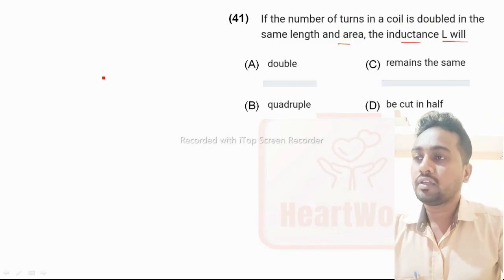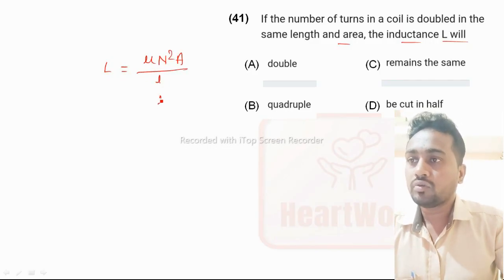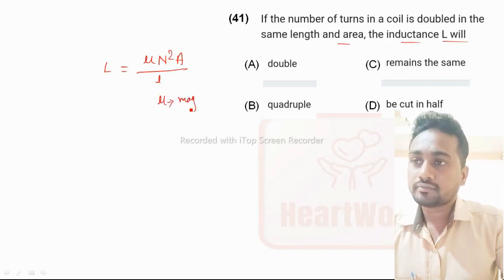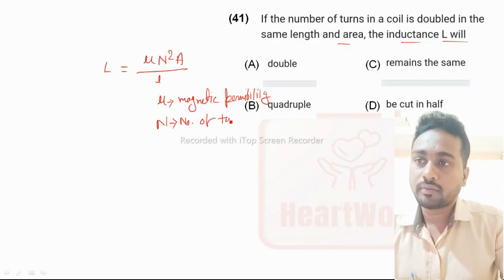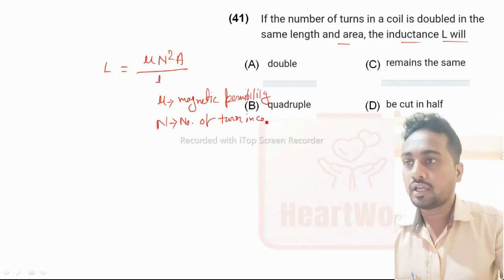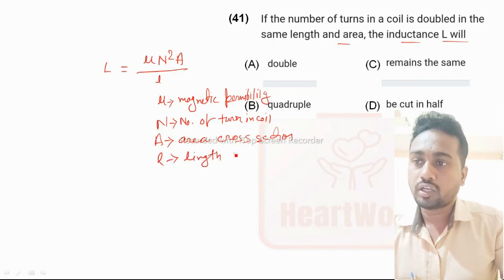If we see the formula for inductance, L equals mu n square A divided by l, where mu is called magnetic permeability, n is the number of turns in the coil, A is the cross-sectional area, and l is the length of the coil.